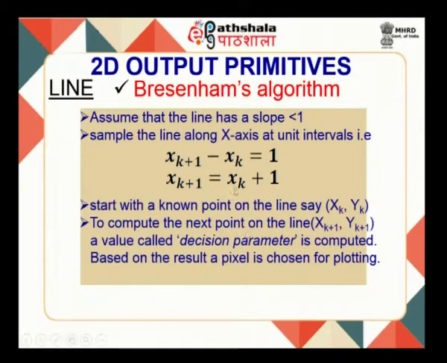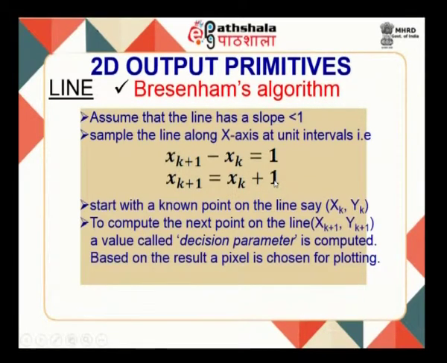The same arguments are valid: for sampling along the x axis, the next x value is xk plus 1. To indicate the next x value, we use the notation xk+1, where k plus 1 is in the suffix, which indicates that xk is the previous value and we are adding 1 to it.